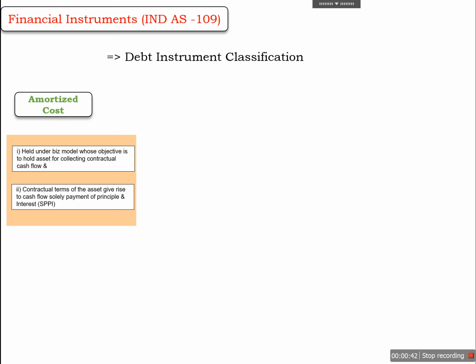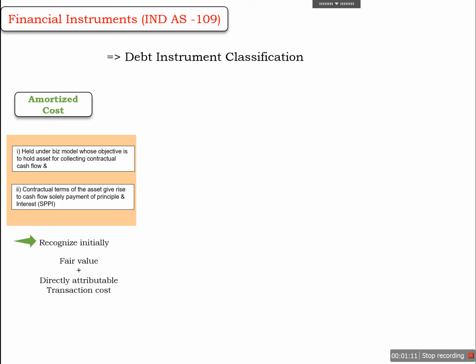If these two conditions are satisfied, first, the asset is held under a business model having the objective of collecting cash flow, and second, the contractual terms of the asset give rise to cash flow that is solely payment of principal and interest, the debt instrument will be classified at amortized cost.